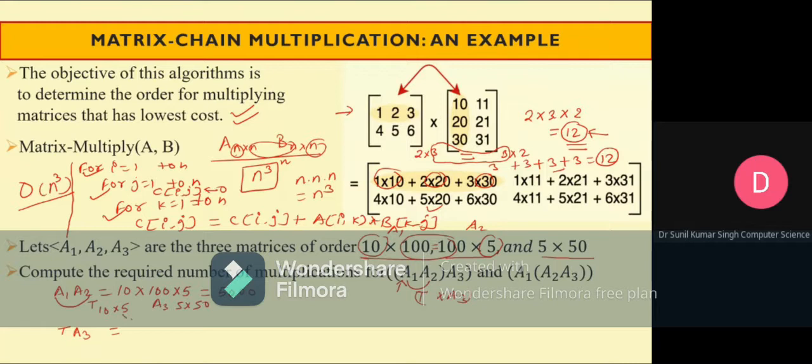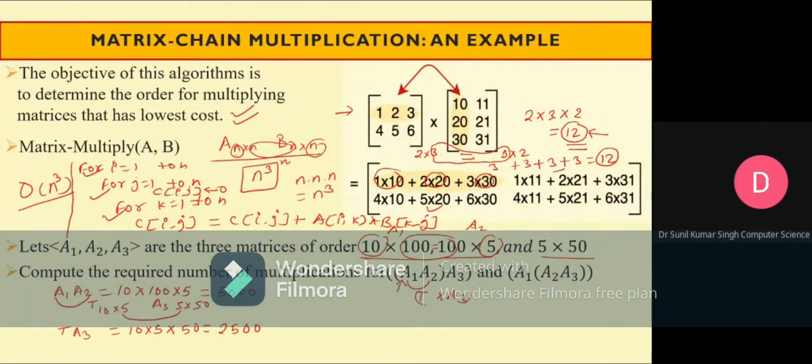You can see the number of columns is equal to the number of rows. So here 10 into 5 into 50. What will be this value? It will be 2500, right?